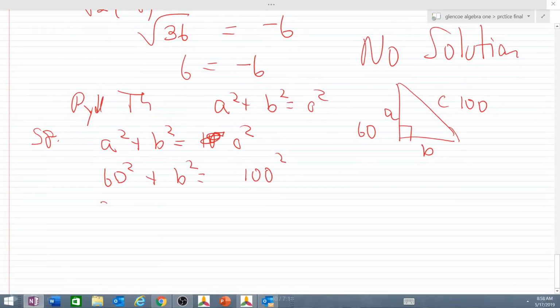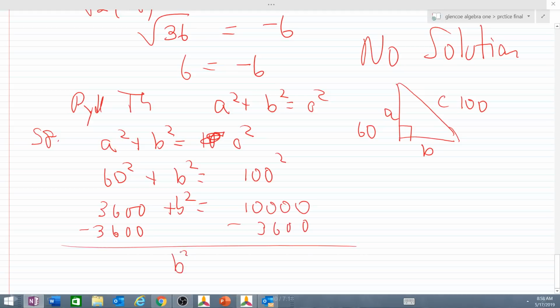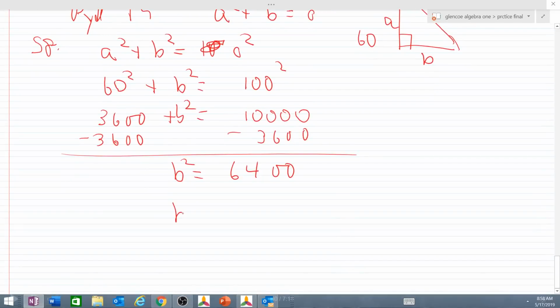Are y'all with me? 3,600 plus b squared equals, is that right? Subtract 3,600 from each side, and you get b squared equals 6,400. Take the square root of each side, and b equals 80, correct?